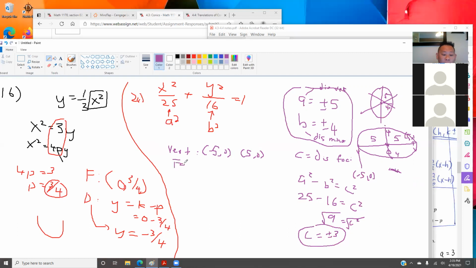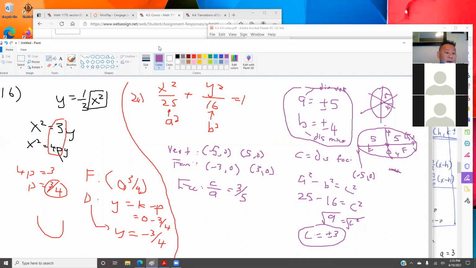Your foci will be considered c. Because it's 3, the foci in this case will be -3, 0 and 3, 0. And if you want to find the eccentricity, the formula is c over a. c in this case is 3, and a in this case is 5. So your answer is 3/5.